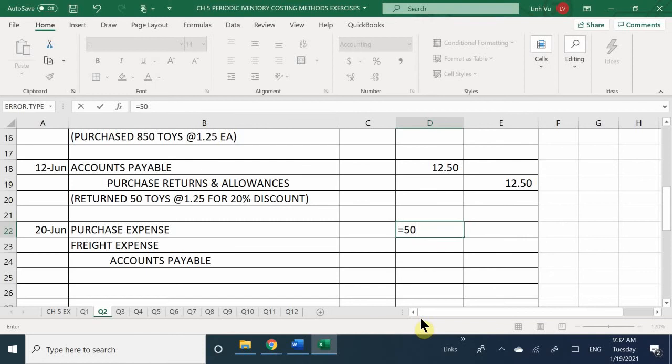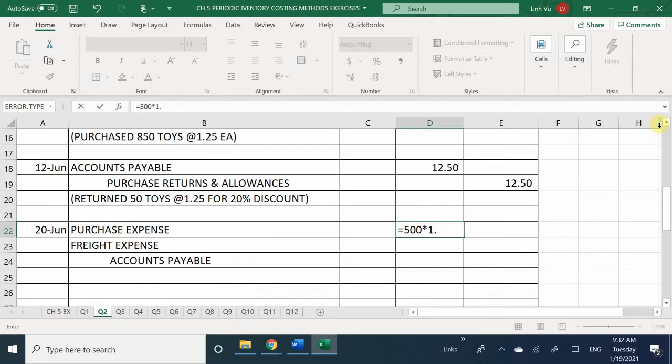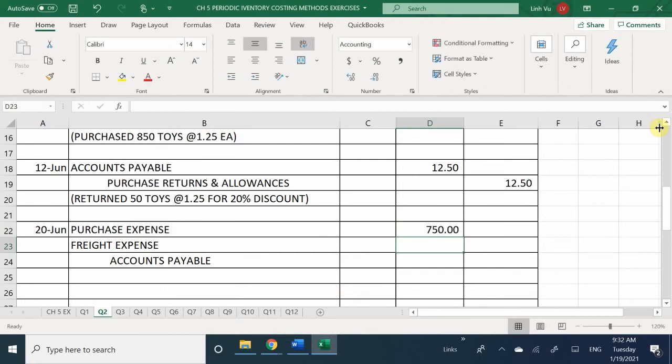How many did we get? 500. Yes, 500. And $1.50. Correct. $7.50. $750. How much was my freight? 25.